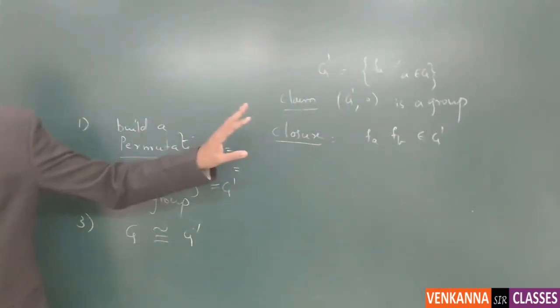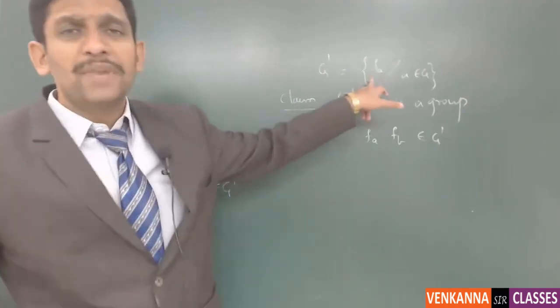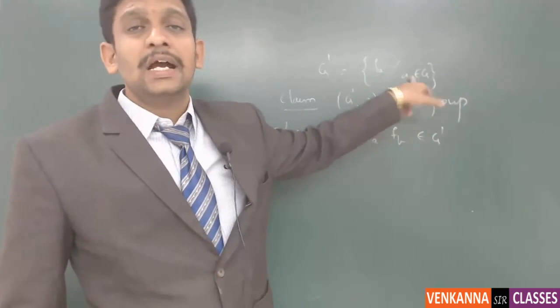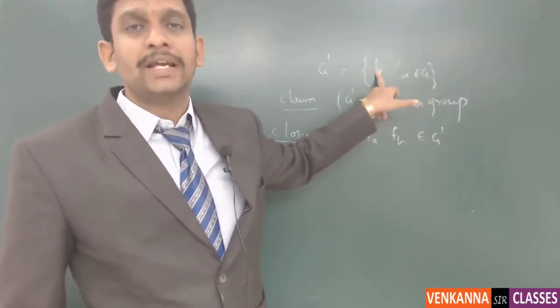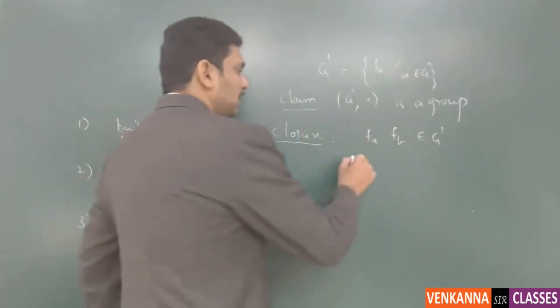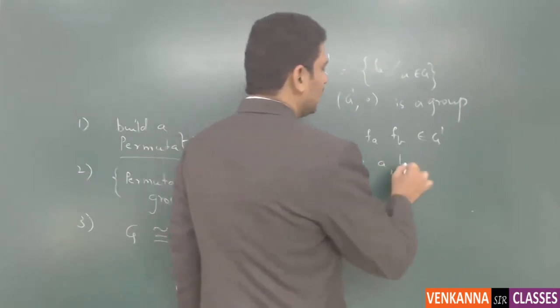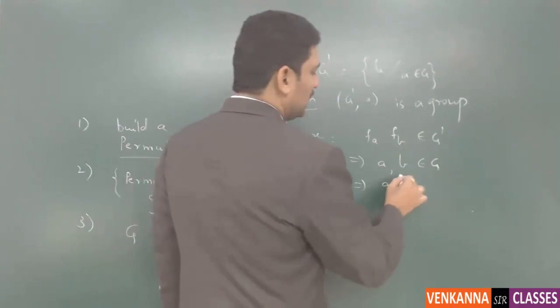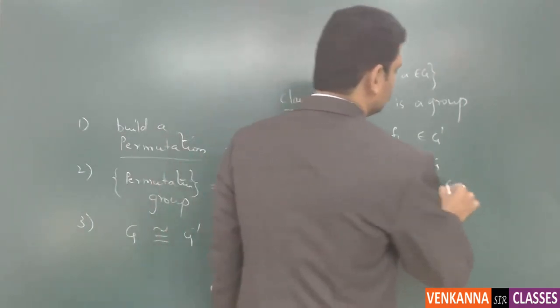Now please understand the pattern of how the permutation exists. For every element in G, you are taking the corresponding permutation here. So immediately you can say that A and B are elements in G. So by closure law, A dot B belongs to G.